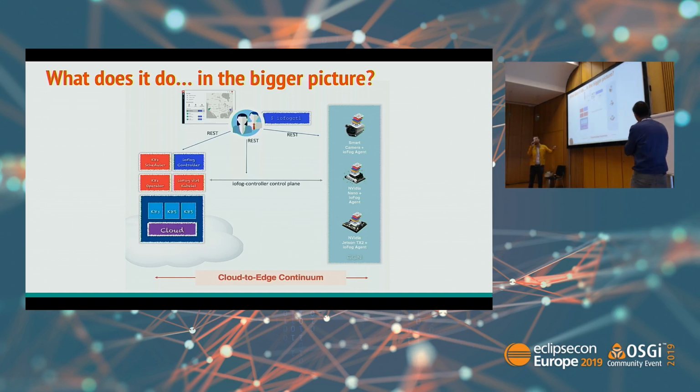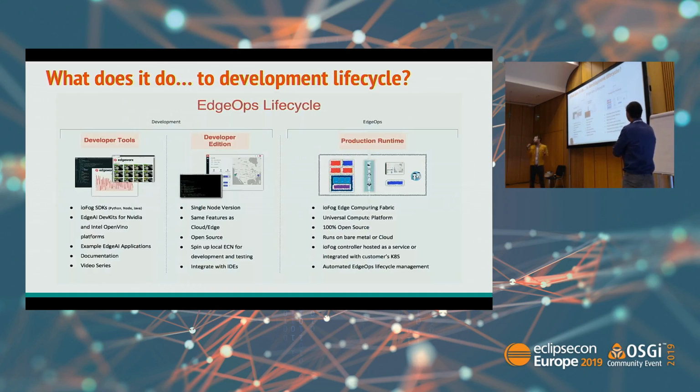So a single edge node is managed by this piece of agent software, and then the control plane is what makes it possible to deal with all of those edge nodes together. And then what does this do to the development life cycle? You're accustomed to developing software that runs on machines that look very similar to the machine that you've been developing software on.